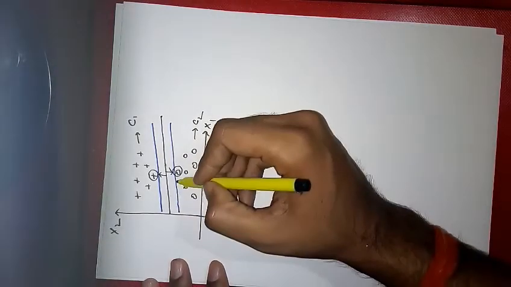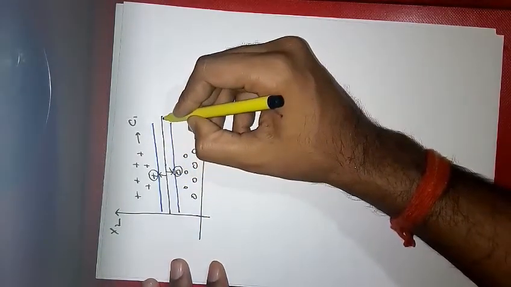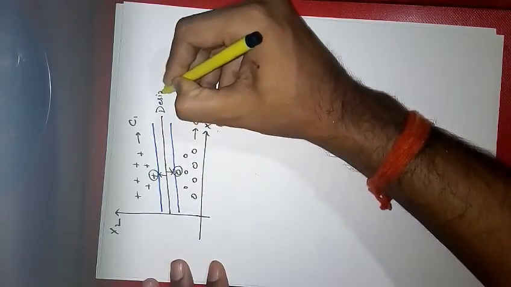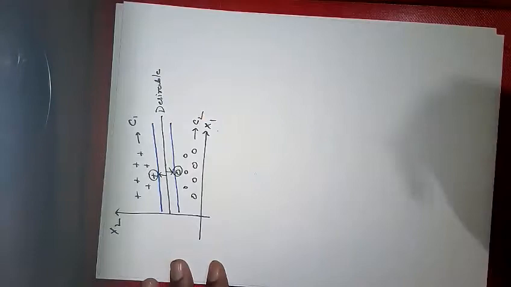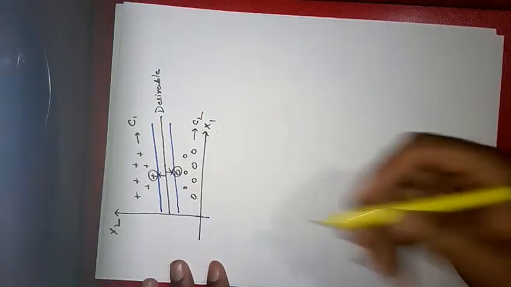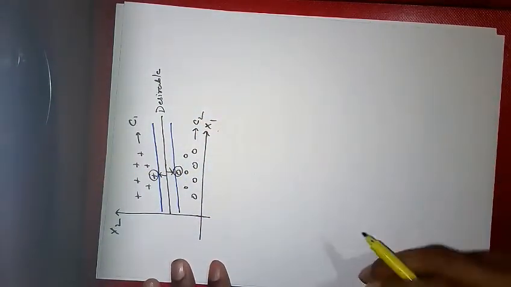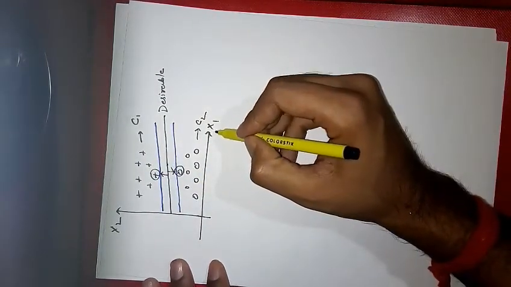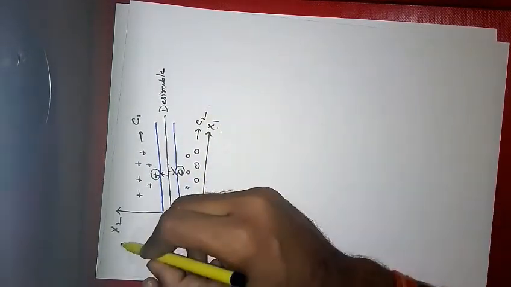So in this scenario, this line is the desirable line which best classifies the two classes C1 and C2 in two-dimensional space x1 and x2.